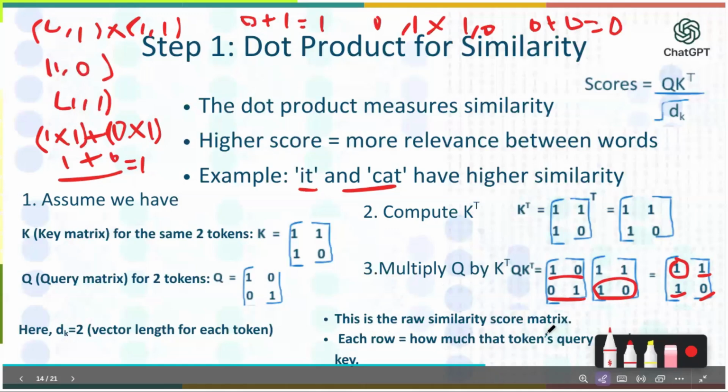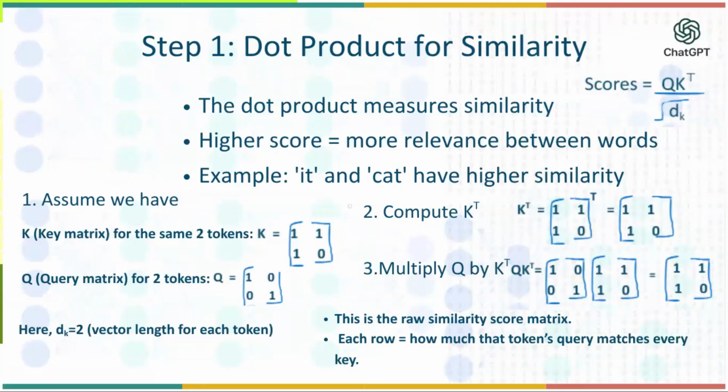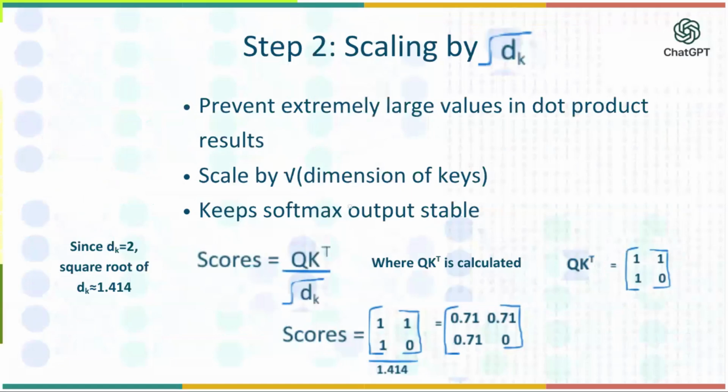Each row shows how much the token's query matches every key. All right, now that we have the raw similarity scores from the dot product, the next step is to scale them by dividing by the square root of the dimension of the keys. Without scaling, these values can grow too large as the vector dimension increases, and that makes the softmax function unstable.